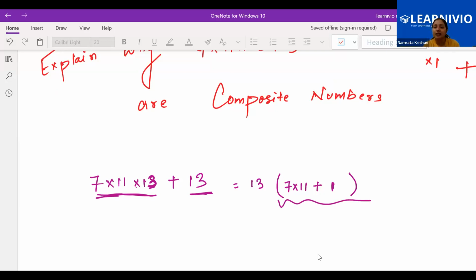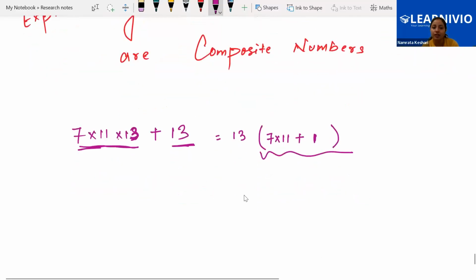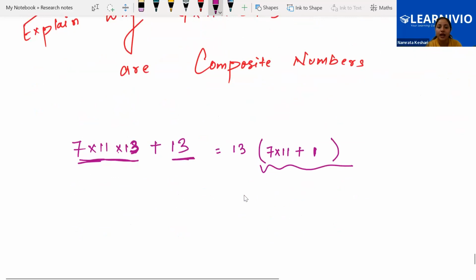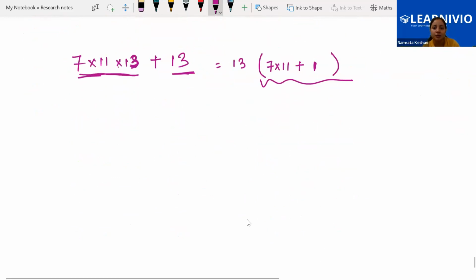Without even doing the calculation, we can see there are two factors. When we have done the factorization, 13 and one more number are there. The fundamental theorem of arithmetic says that every composite number can be broken as a product of primes. And here, what is a prime number? If I write a prime number 23, is it possible to factorize it?